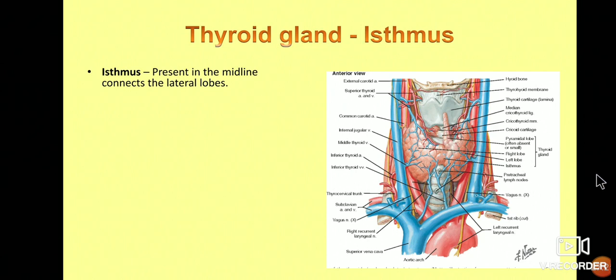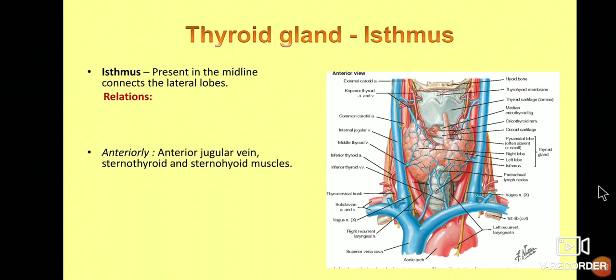Okay, that is actually developmental in nature, the pyramidal lobe. Apart from that, along the whole of the upper border, you can see the anastomosis between the superior thyroid arteries of both the sides.